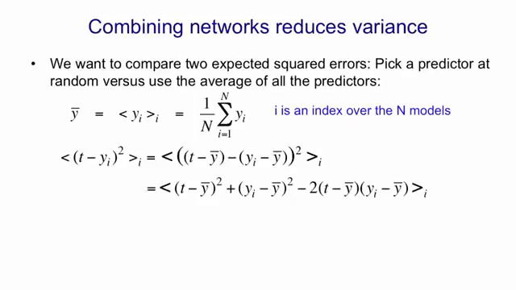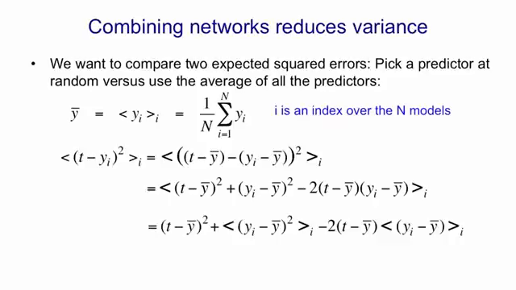I can now multiply out that square, and inside these expectation brackets I have t minus y bar squared, yi minus y bar squared, and t minus y bar into yi minus y bar, which as we'll see will disappear. So the first term, t minus y bar squared, doesn't have an i in it anymore, and so we can forget about the expectation brackets for that.